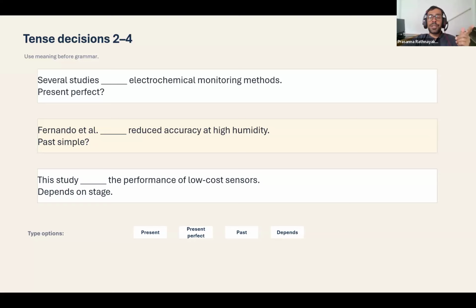If you're writing a proposal, you say this study will examine. If you are writing a paper, you say this study examines. If you are reporting a completed work, you say this study examined the performance of low-cost sensors. Now you understand how to make use of tense in your reporting.